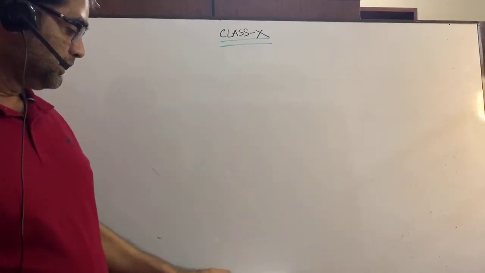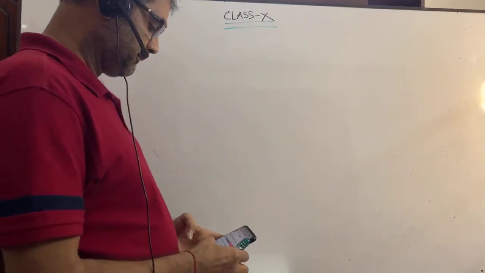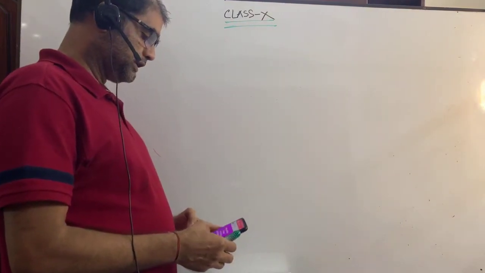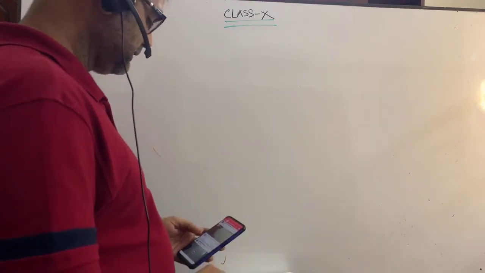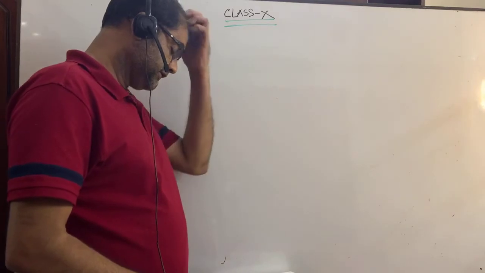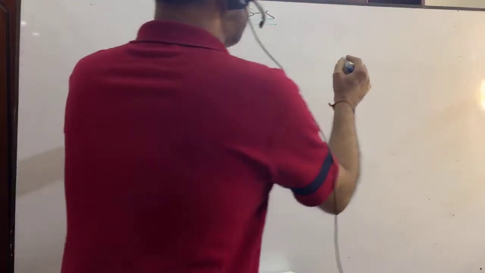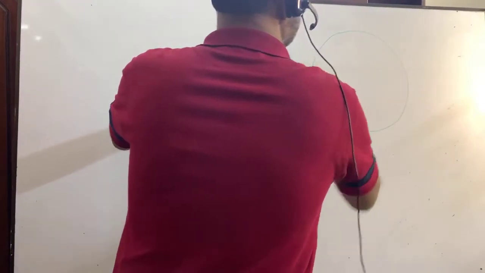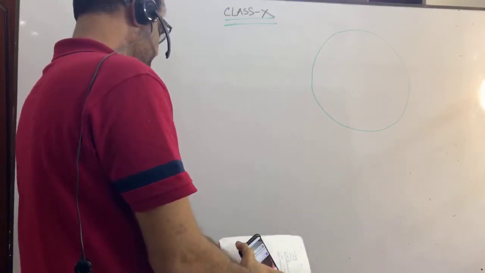So let's do some maths from exercise 8.3 at first. Last day I showed you some maths from vector. Now suppose you are given a figure like that. This is a circle.